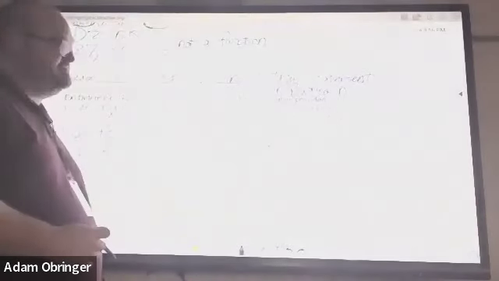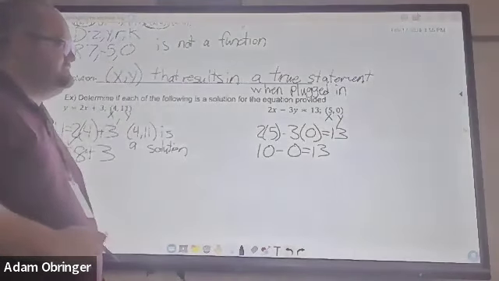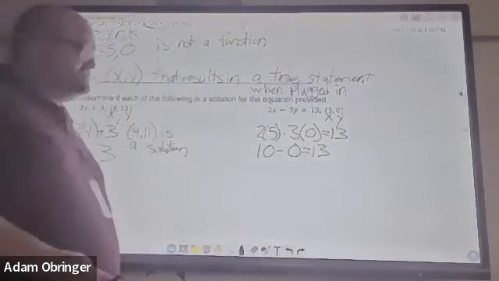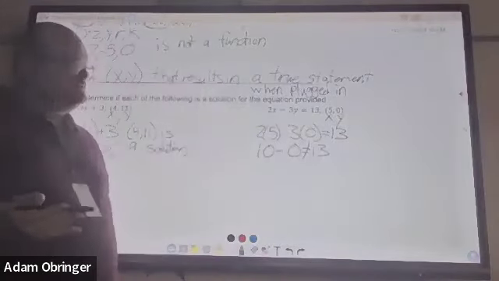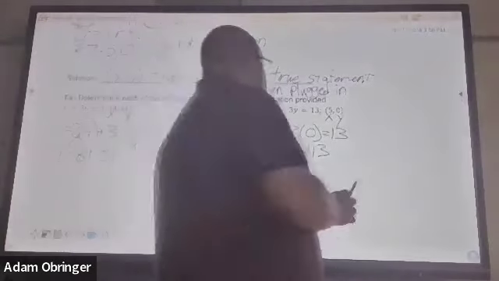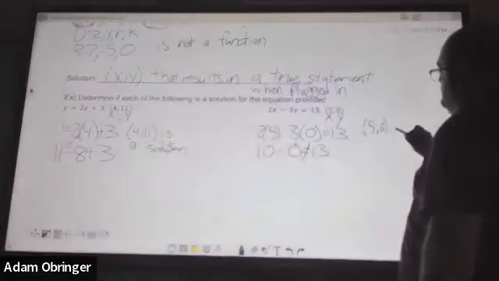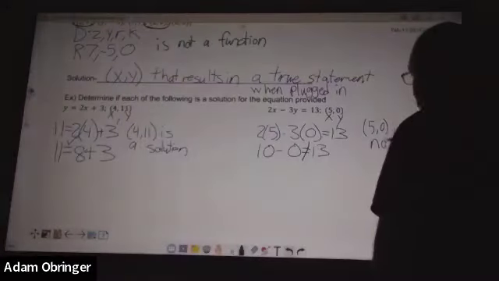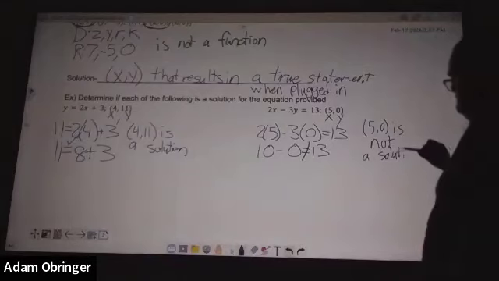Now, I don't know about you, but I'm pretty certain that 10 minus 0 is not going to get us a 13. So in that case, if they don't equal each other, we can put a slash through it to say not equal. And if it's not a true statement, we are going to say that 5, 0 is not a solution.